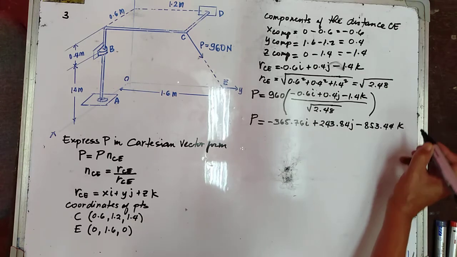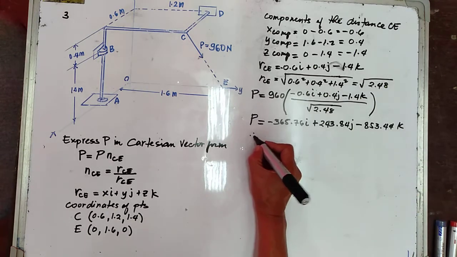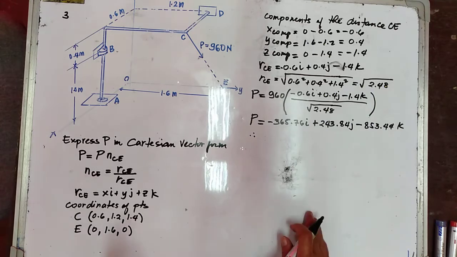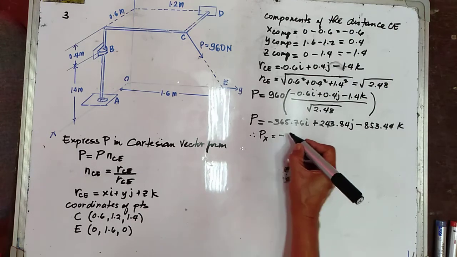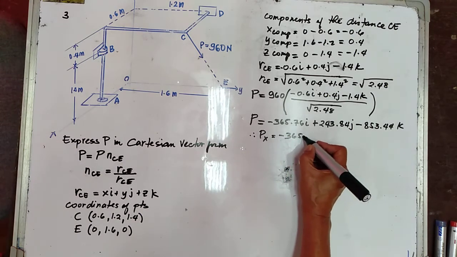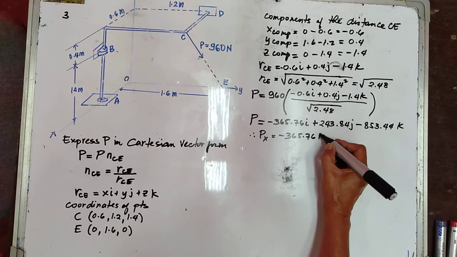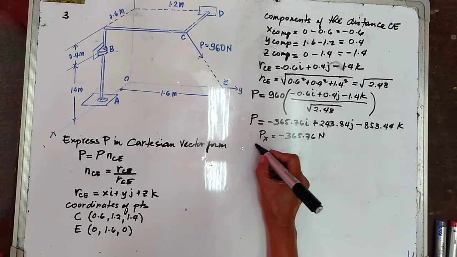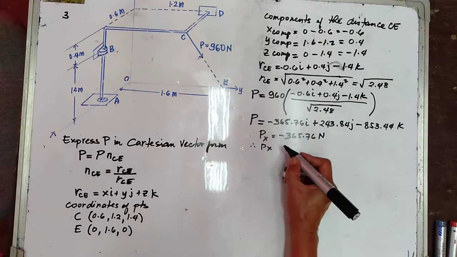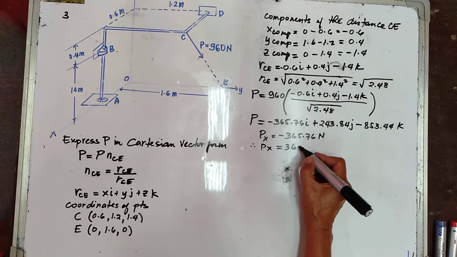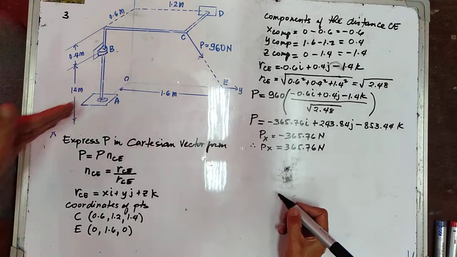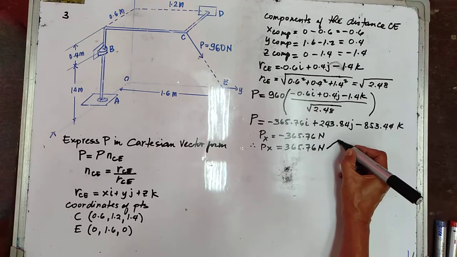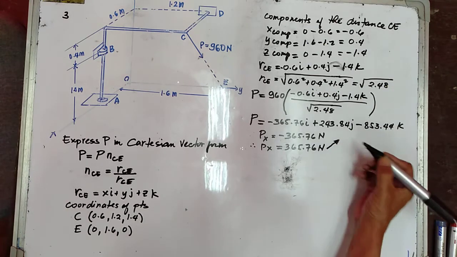Now, therefore, the component of P in the x direction, your Px, is equal to negative 365.76 newtons. So we get a negative value, hence your Px is 365.76 newtons. Okay, so this is the x-axis, so it will be pointing backward.